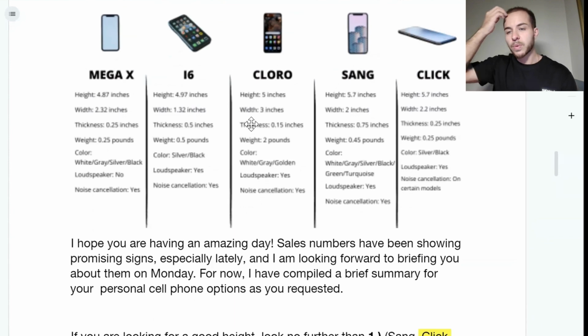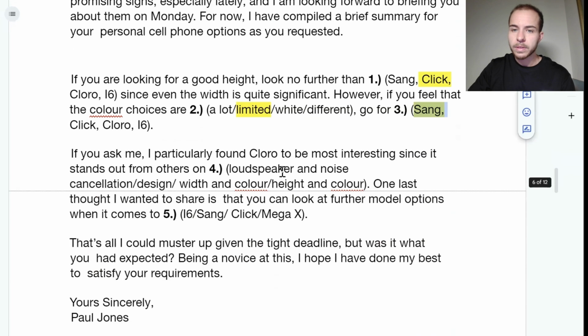Well, it has the greatest width and pounds weight. It's actually quite heavy. Wow. Okay, so it has the greatest weight and the greatest width. And color, it has 3 colors. So width and color.